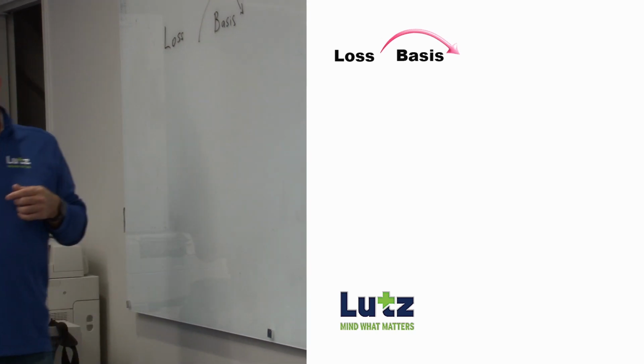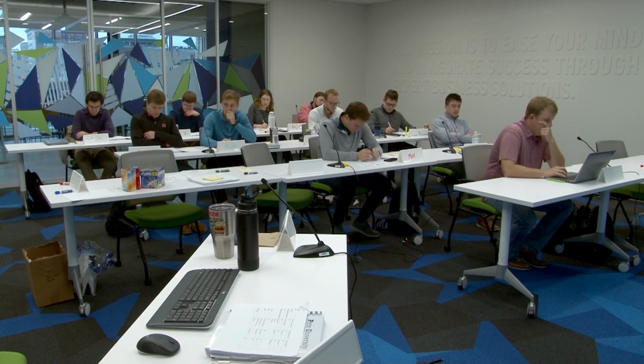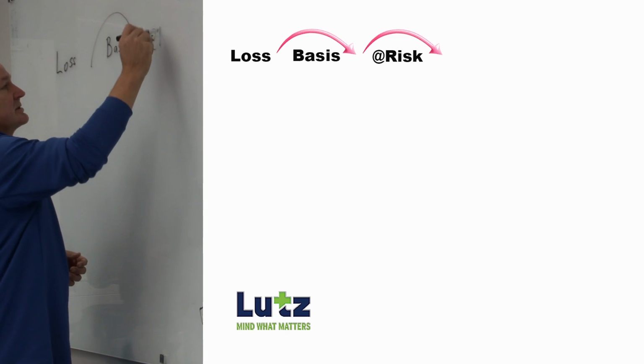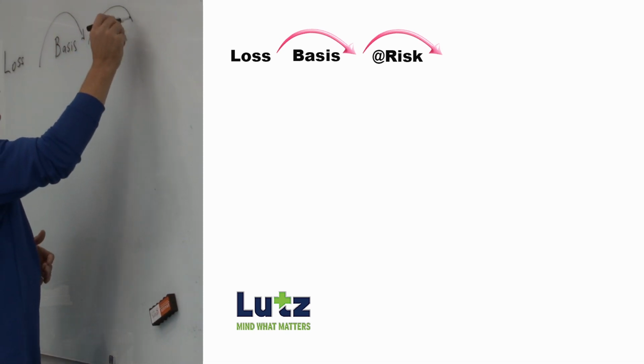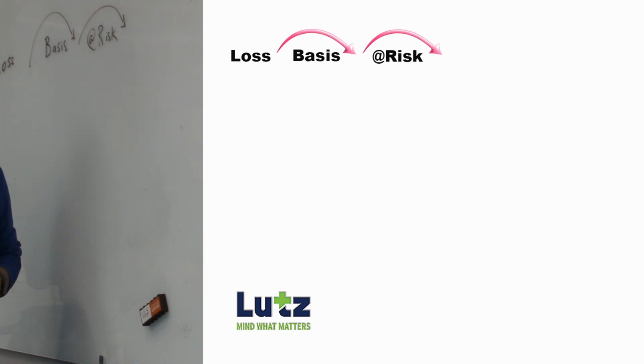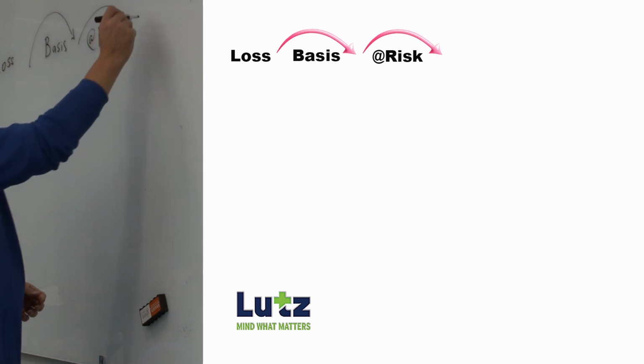And if it does that successfully, then you have the next hurdle to jump over, which is the at-risk hurdle. And if it jumps over that, then it's passive, something called passive netting.